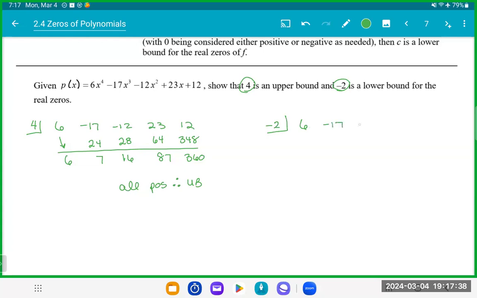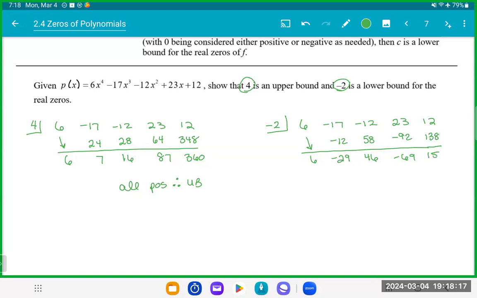6, negative 17, negative 12, 23, and 12. Bring that down. That's going to give me a negative 12 minus 17 is negative 29 times negative 2 is 58 minus 12 is 46 times negative 2 is negative 92 minus the 23 is negative 69 times negative 2 is 138.